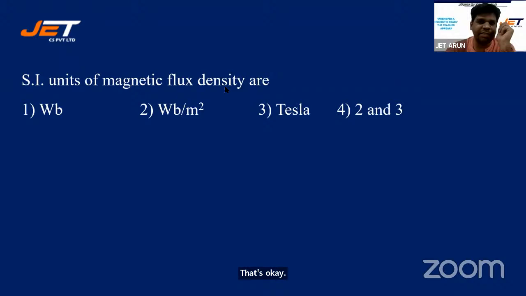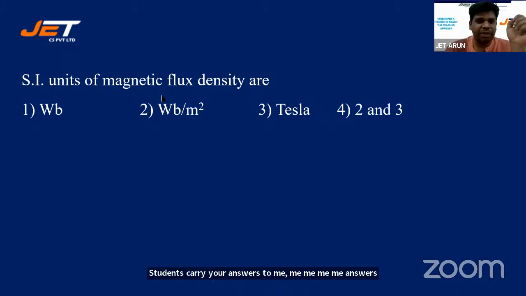SI unit of magnetic flux density are Weber, Weber per meter square, Tesla. 2 and 3. Tesla and Weber per meter square. Students, direct your answers to me. Otherwise, I'll presume that you're not participating.